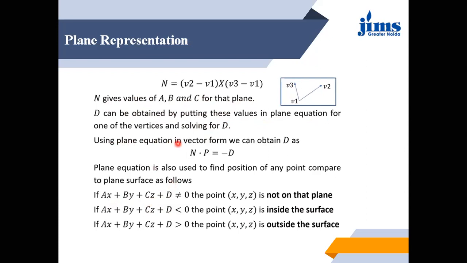Using the plane equation in vector form, we can obtain the value of D as n multiplied with vector P equals minus D. So from here we can find the value of D, that is equal to minus n dot product P. So the plane equation is also used to find the position of any point compared to the plane surface as follows.